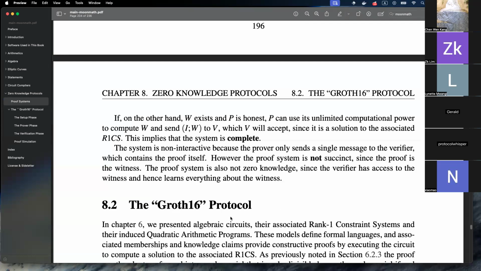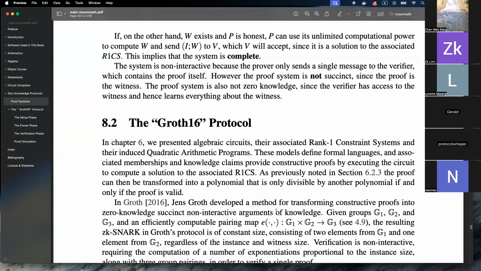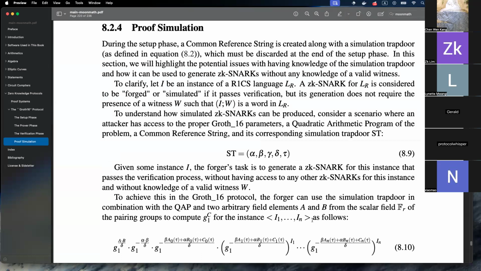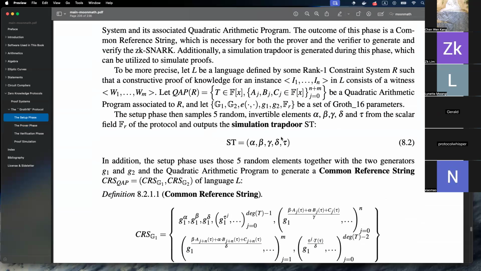There's a high probability that it's true. There's a very, very, very small possibility that you can generate a false proof out of the blue. But if you have the secret values, you can now do that. Because if you don't have the secret value, it's very hard for you to compute anything from the cyclic group itself.